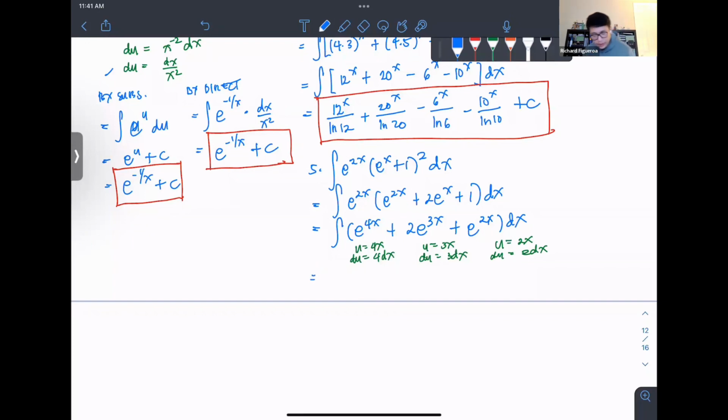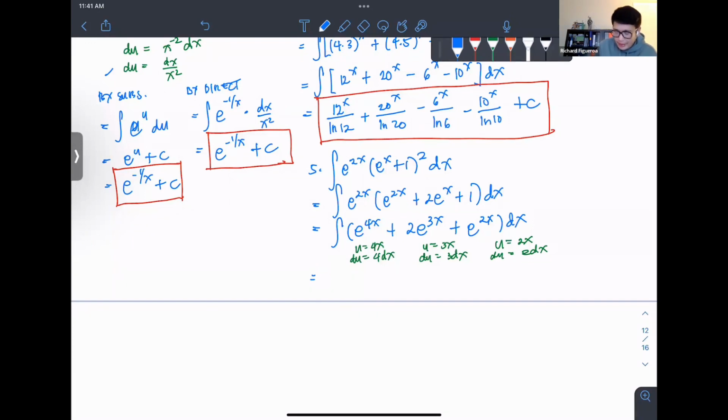So what can we see as the excess here? It's the 4, the 3, and the 2. So we can use the substitution again, or we can use the direct approach. Our neutralizing factor for the first one is 1/4, the second is 1/3, the third one is 1/2.